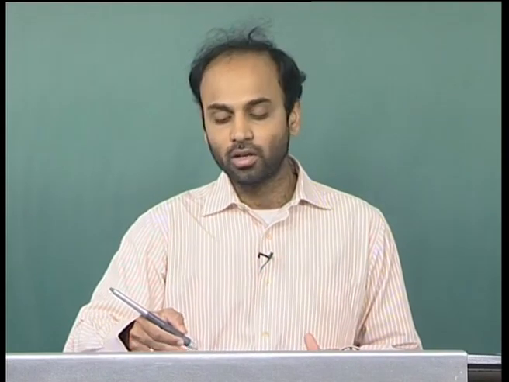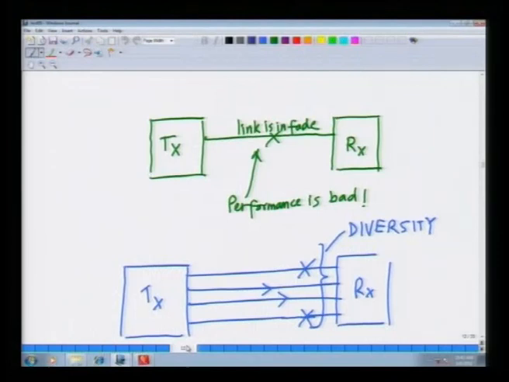Since the wireless communication system goes into a deep fade when one of the links is in a deep fade, if we introduce multiple links, even if some of the links are in a deep fade, the rest of the links can be used to convey the information reliably. So, I can improve the reliability of my system by increasing the number of links, and this we said is a powerful idea known as diversity.